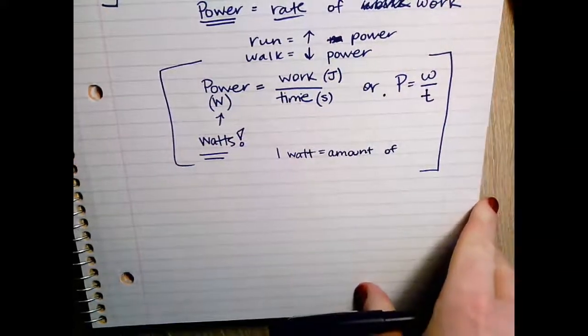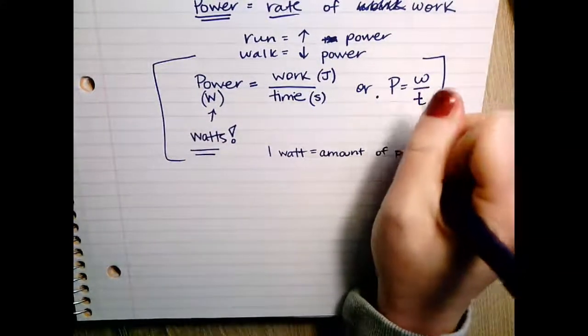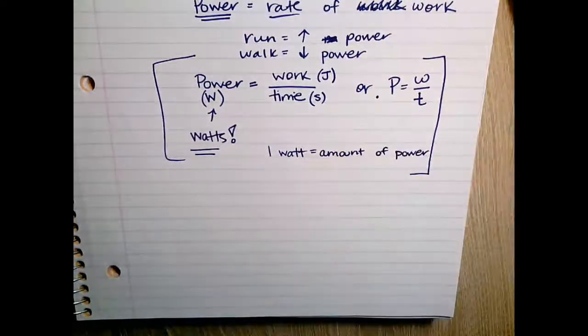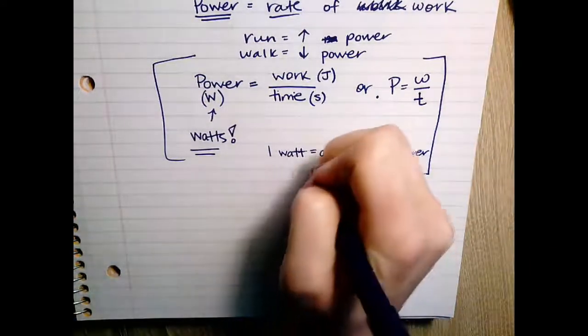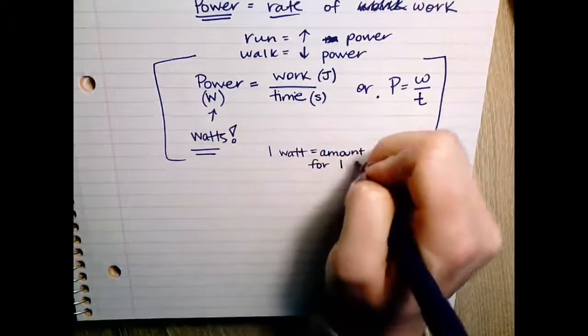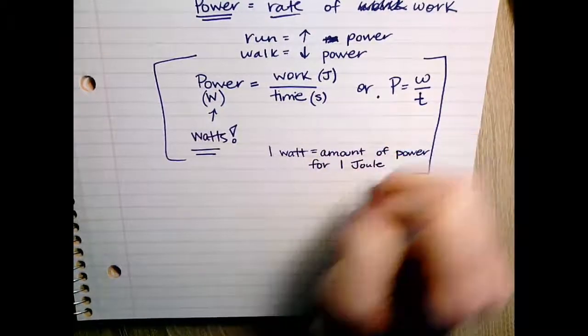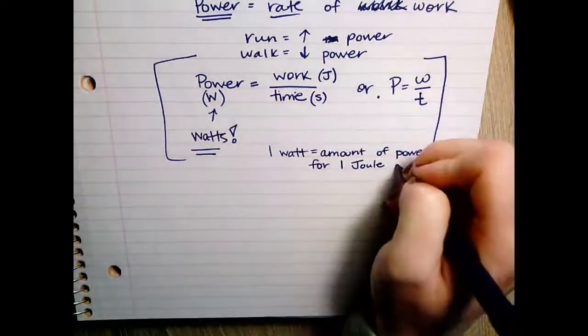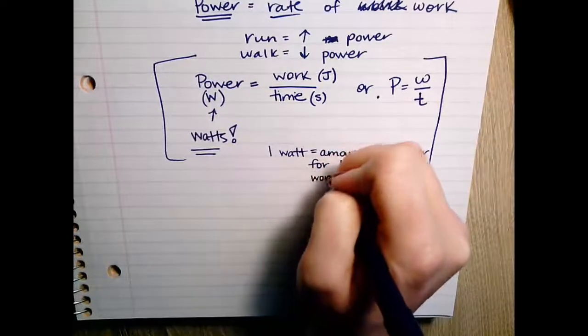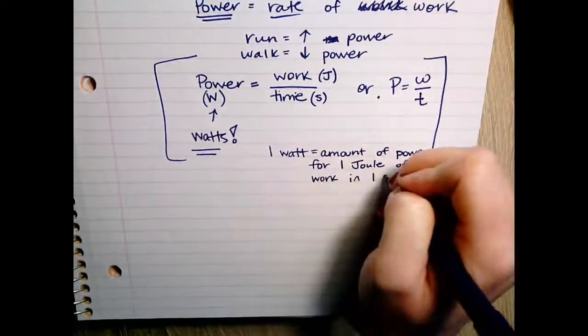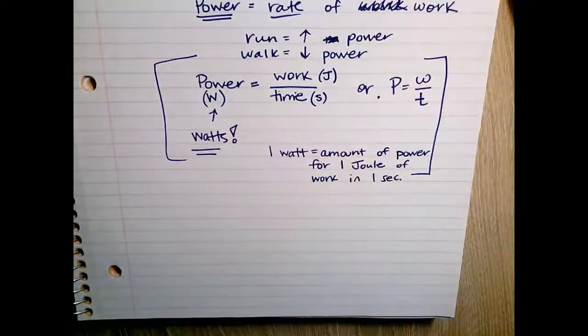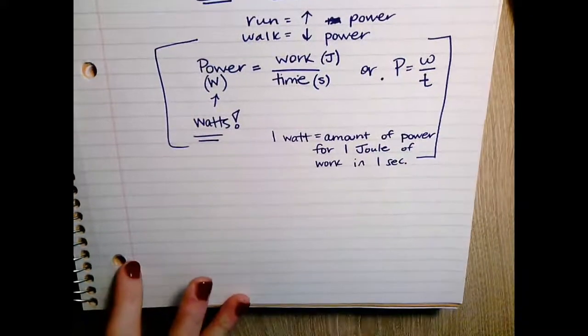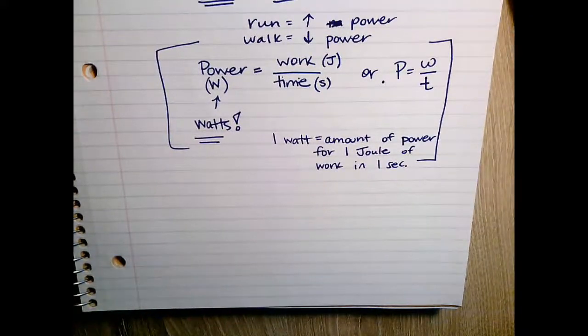That's exactly the same thing. It's the amount of power, the amount of kind of force for 1 joule of work in 1 second. So just keep that in mind. That is how they got the measurement of a watt.